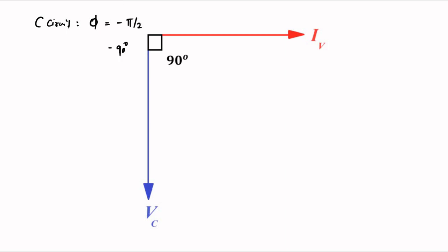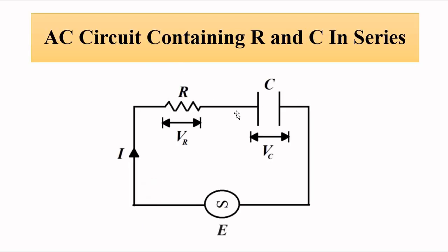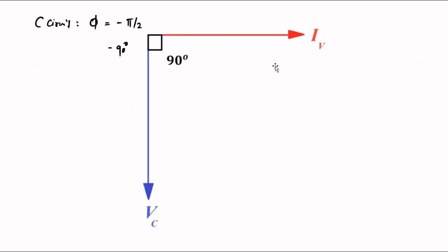So it's common sense that for an RC circuit, that is a circuit involving R and C, the phase difference will be neither 0 radian nor minus 90 degrees. It will be somewhere in between 0 degree and minus 90 degree.